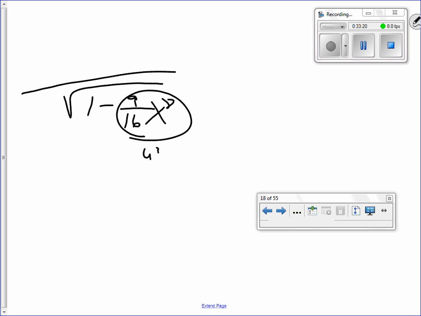So if 9/16 x to the 8th is your u squared, what's u going to equal? 3/4 x to the... nope. If you take the square root, you're raising something to the half, so you've got to halve the exponent. 4.